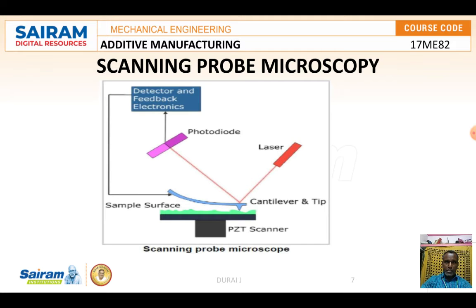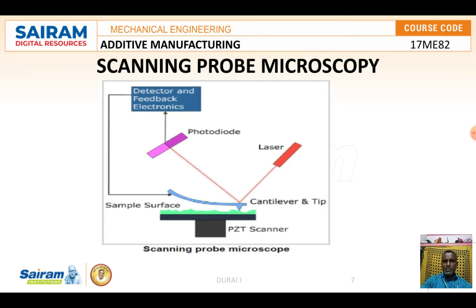Then the images are often colorized, with different colors representing different properties along the surface, for example the height and other things.